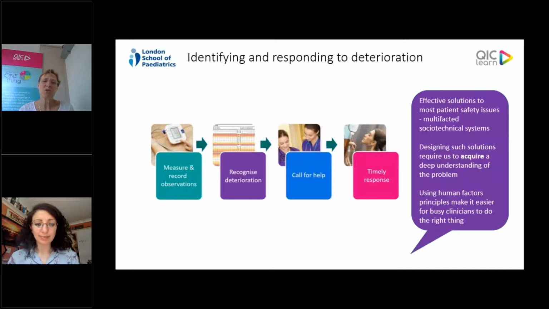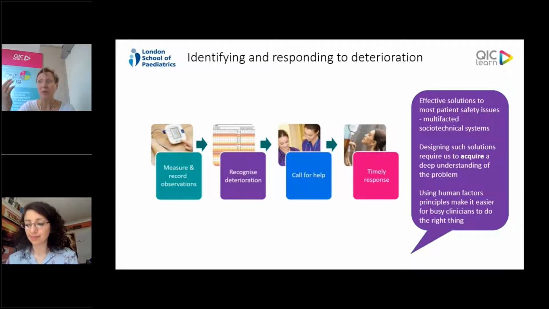And then being able to call for help really effectively and get a timely response. So the solutions to these kinds of problems to ensure that every time a child is looked after well is multifaceted. And when they talk about socio-technical systems, they're talking about the interplay between people and the system around them.